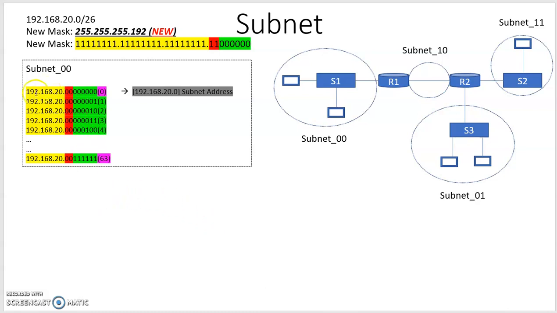So here in this case, there are 64 IP addresses starting from 0 up to 63. All of these IP addresses belong to the same network address or same subnet. Why? Because they all have the same subnet number or subnet address. So what does it really mean when I say all these IP addresses have the same subnet address?